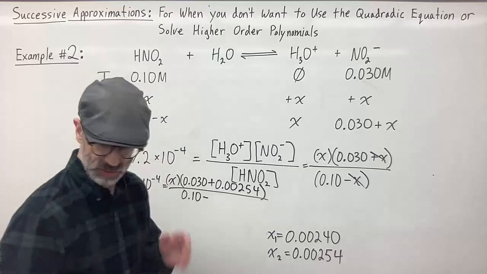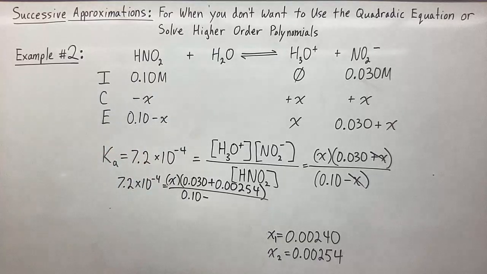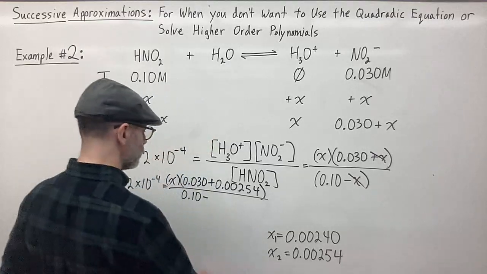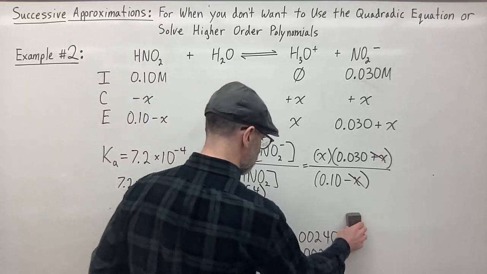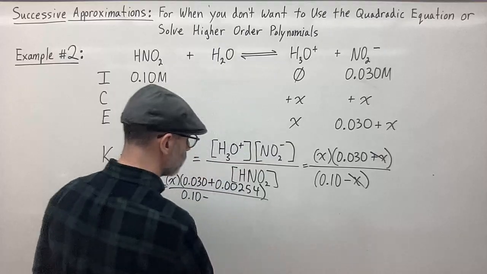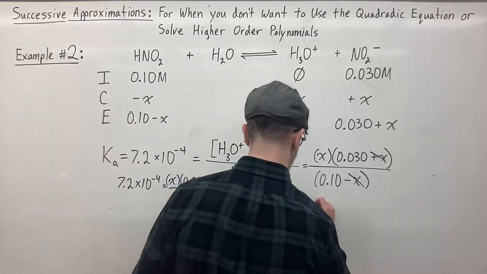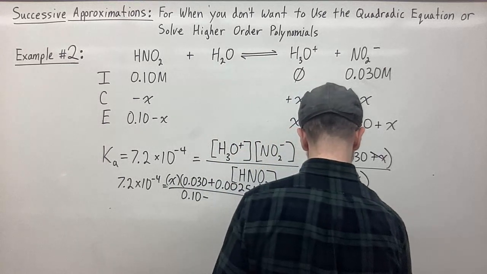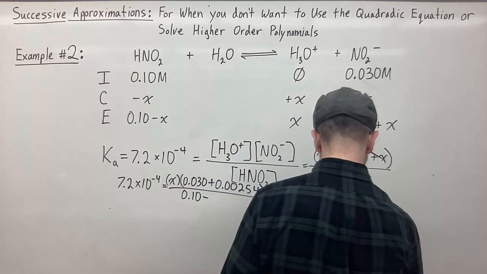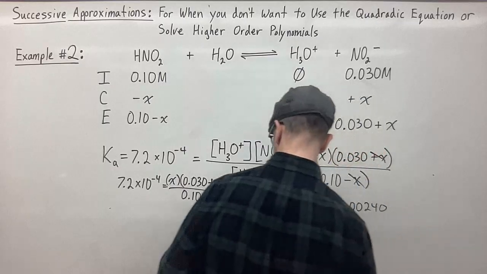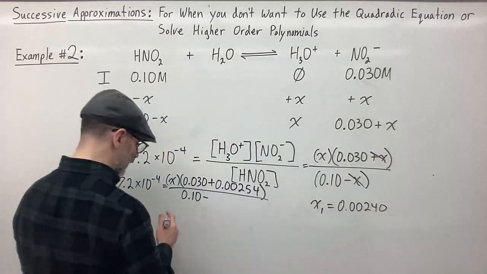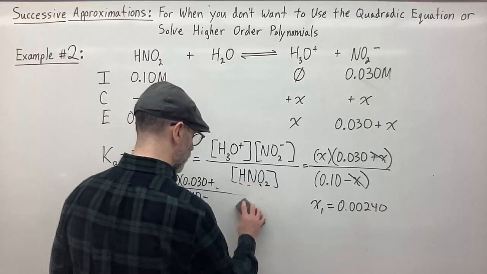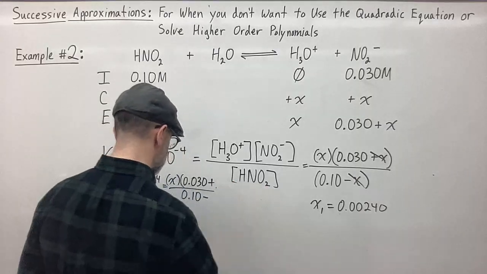Hold on a second. Oops, did I do plus before? I think I made a mistake here. So this was x1 is equal to 0.00240. I think I subtracted last time, so let's go ahead and do that again really quickly. Sorry about that.